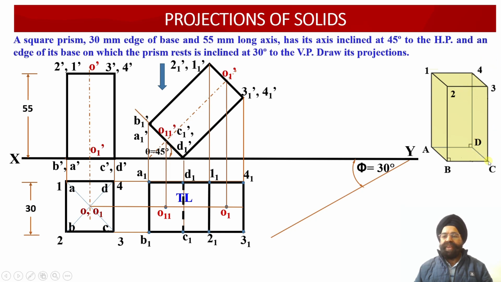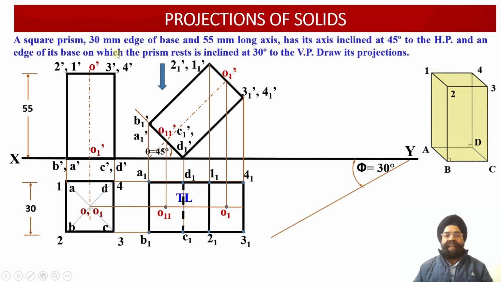Now the prism is resting on the ground on one of its edges, that is edge CD, which lies on the horizontal plane. And in the top view projections, we are still able to obtain the true length projection of this edge C1, D1.